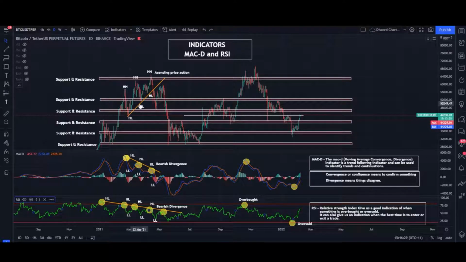So for this uptrend that appears all good on the charts, secretly behind the scenes, we have a divergence, meaning that these two indicators are disagreeing with what's happening with the price, and potentially we're going to see a crash or a sell-off to the downside.